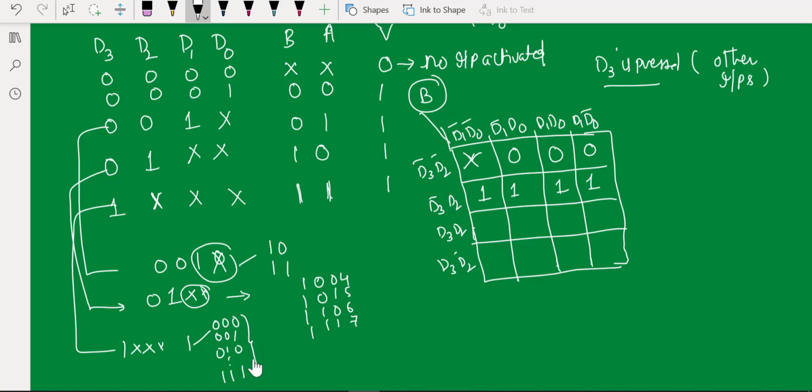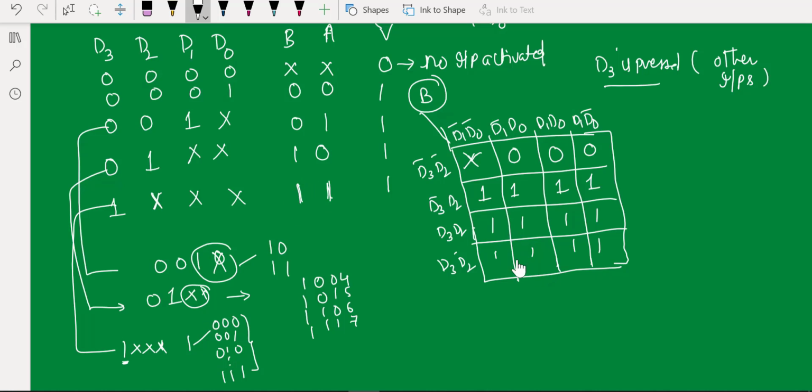That means all these 8 possible combinations, your output is 1. That means you are going to have 1 1 1 1 1 1 1 1. So getting my point? If you take the triplex, I am taking all the possible combinations of the triplex. It can be all zeros, it can be all ones, it can be 0 0 1, all the combinations along with this one. So for all these combinations you consider output as 1 for the B bit.